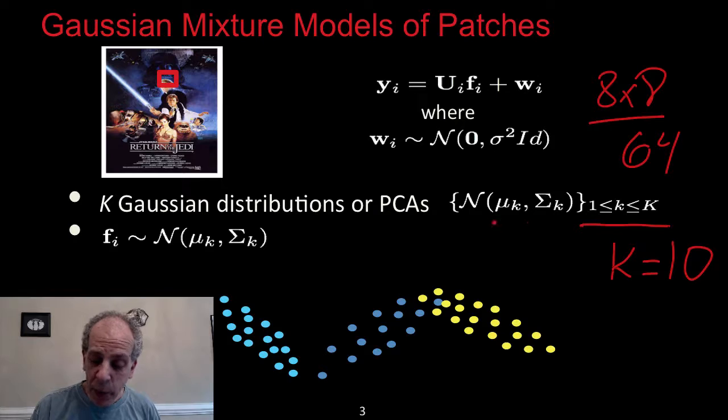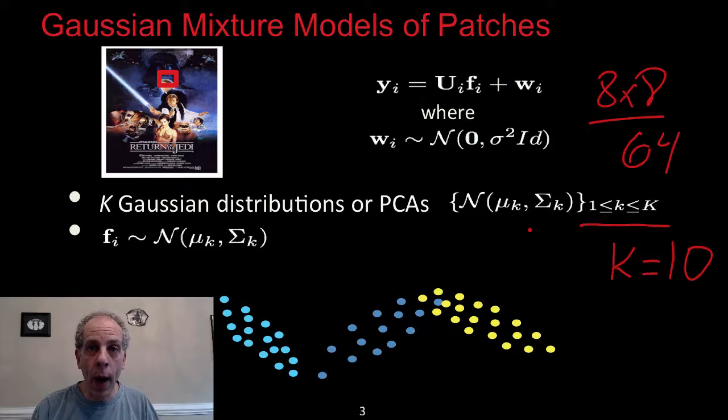Now, having a model as a Gaussian is equivalent to having a model as a PCA, or principal component analysis. The basic idea is that for this covariance matrix, we can compute the eigenvectors and the eigenvalues, and the eigenvectors give us a dictionary, 64 atoms in that dictionary if we are in this dimension.